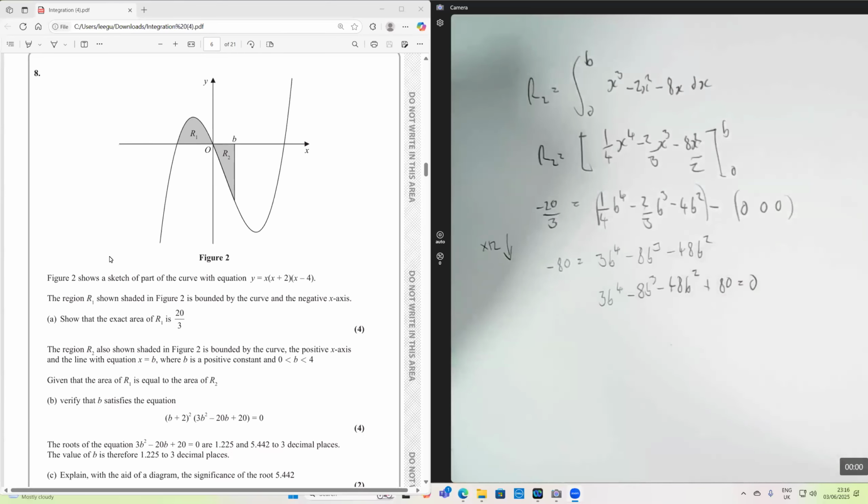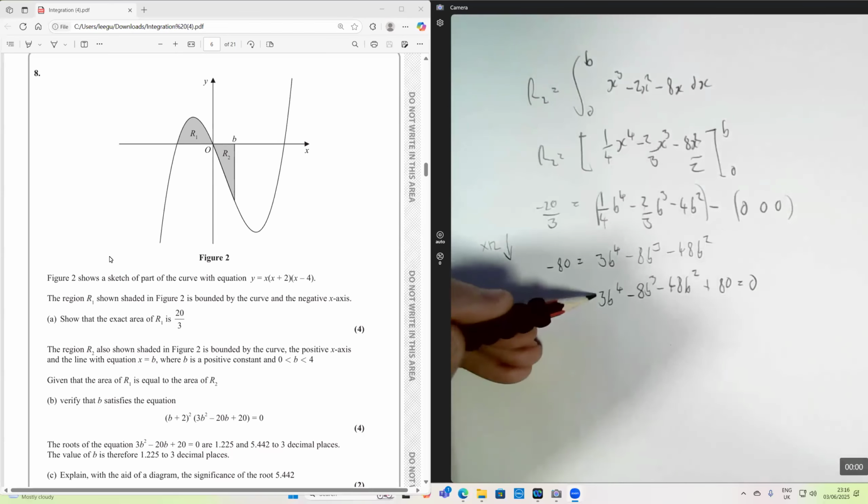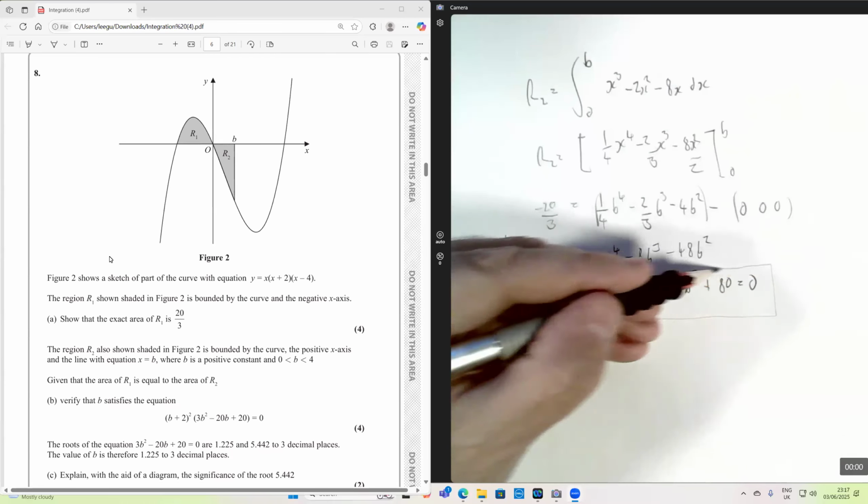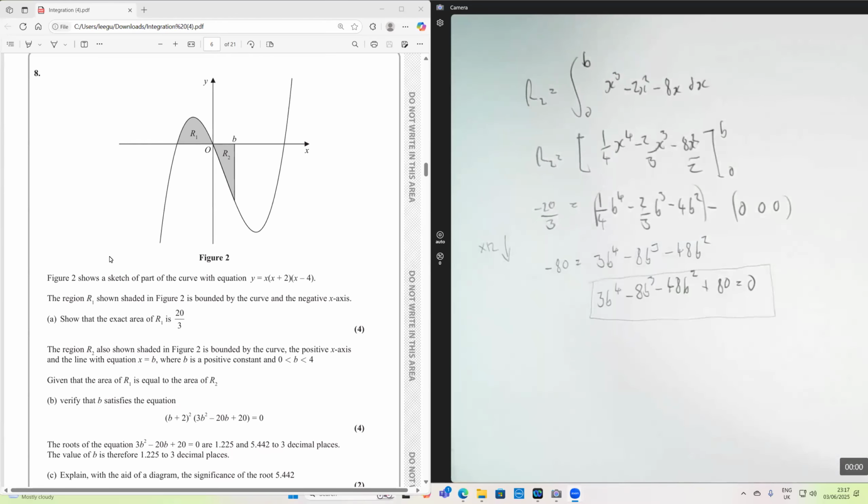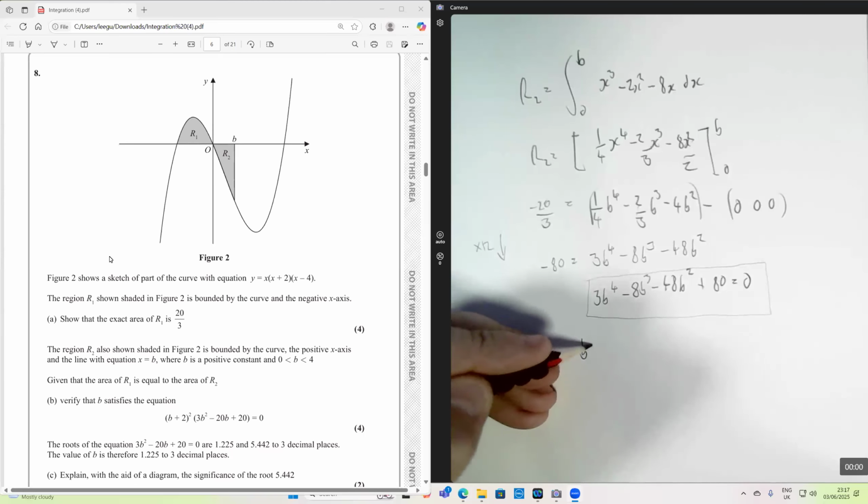So this equation has come from us just integrating between 0 and b and equating it equal to R2. Now it says verify that b satisfies that equation. So in essence now, we've got to show that this equation that we've got here can be rewritten in the format that we've got there in the question. So I think what we should do is we can see that in the question we've got b add 2 all squared outside. So let's see what b add 2 squared is if we expand that.